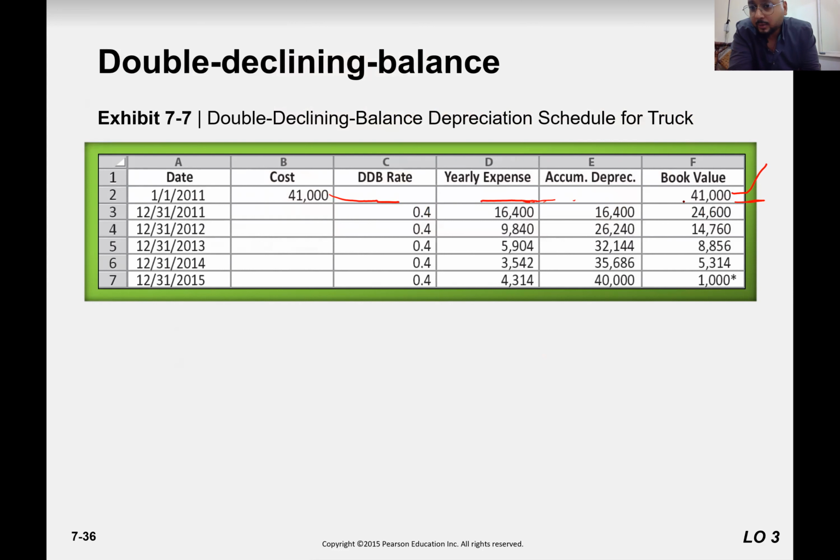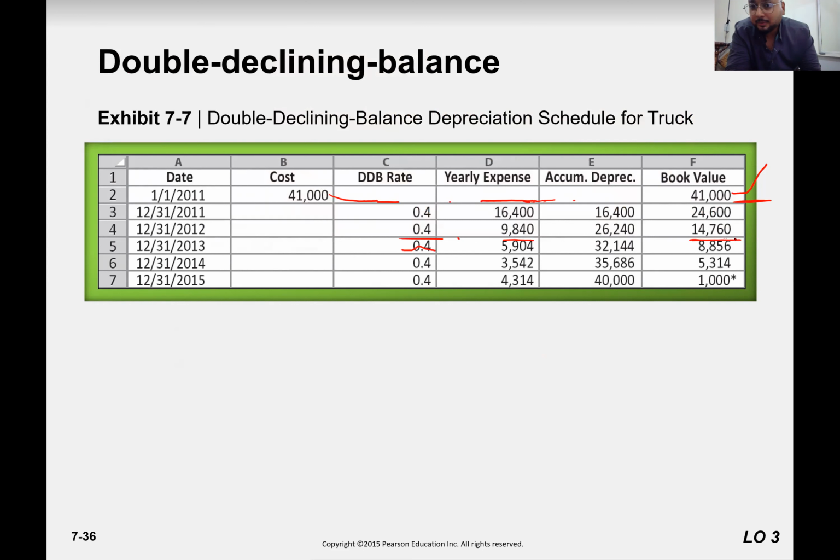So you multiply 24,600 with 0.4. Answer would be 9,840. You subtract it from 24,600, answer would be 14,760.